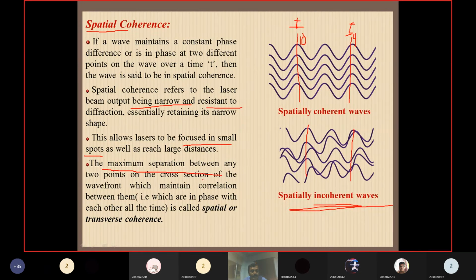That means the maximum distance over which it will maintain a constant phase difference is what spatial coherence describes. Points which are in phase with each other all the time is called spatial coherence. Spatial coherence is also called transverse coherence.